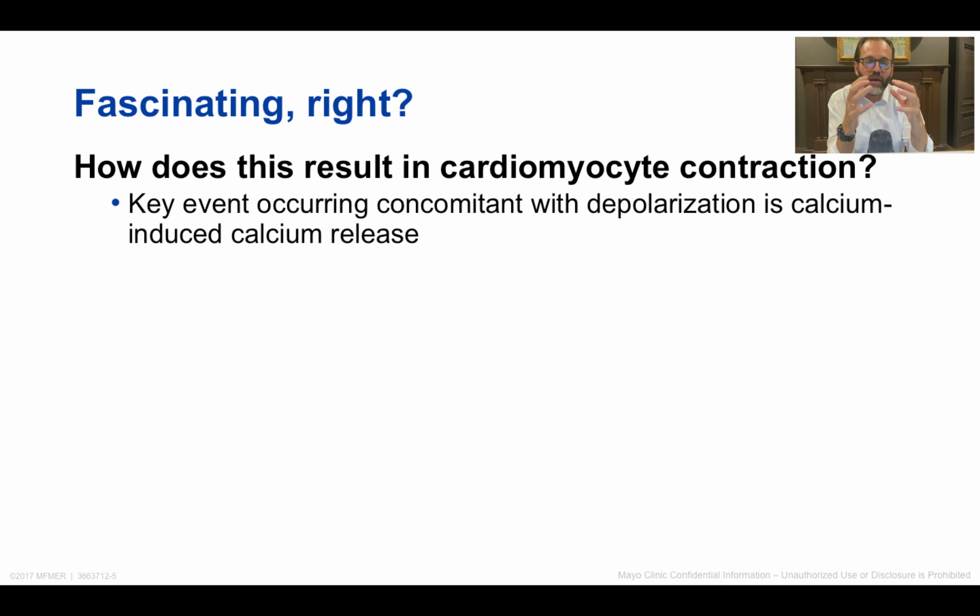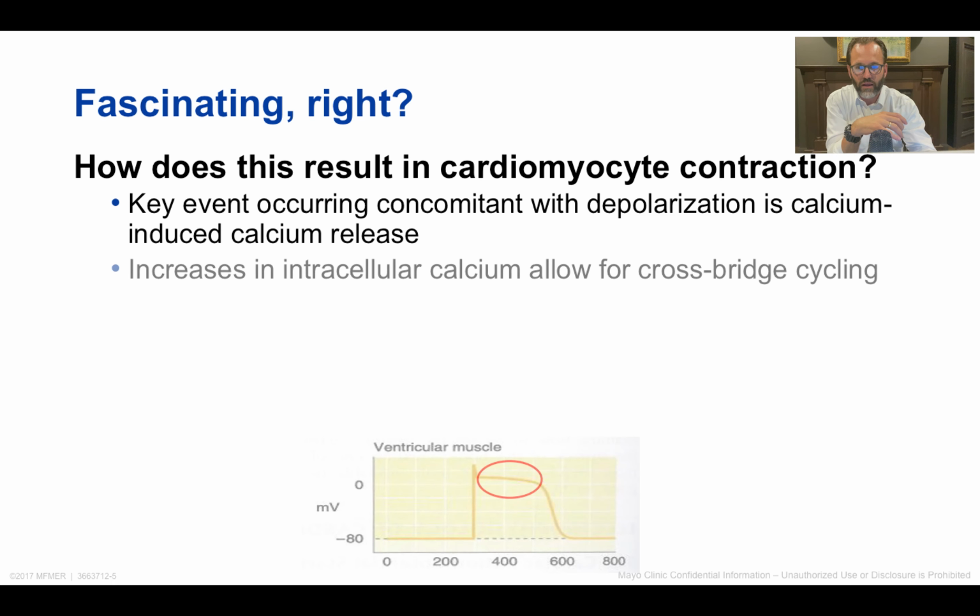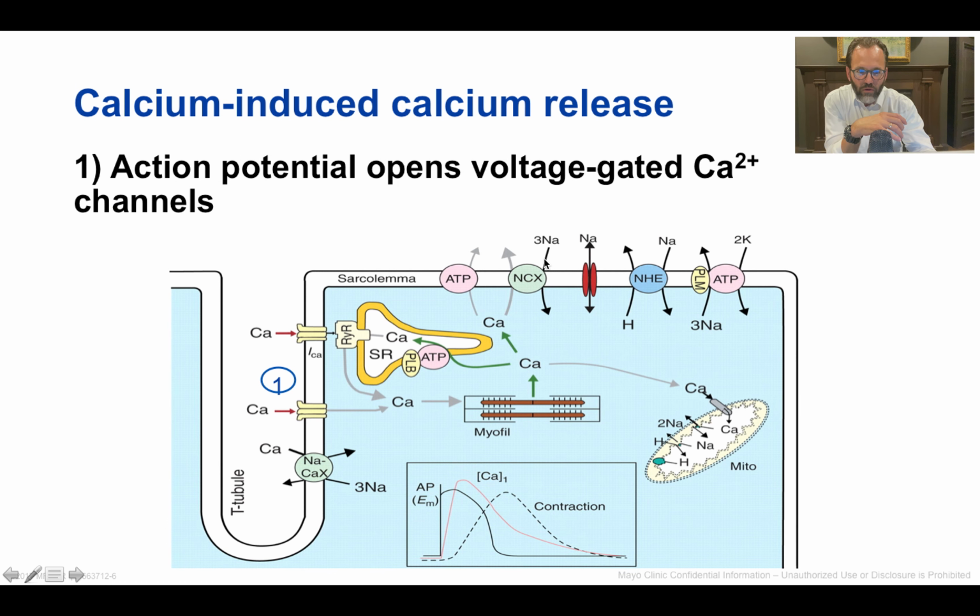And that is pivotal for having sufficient calcium within the cell to elicit molecular events that enable contraction. And at the core of it, again, the increases in intracellular calcium are what enable cross-bridge cycling.